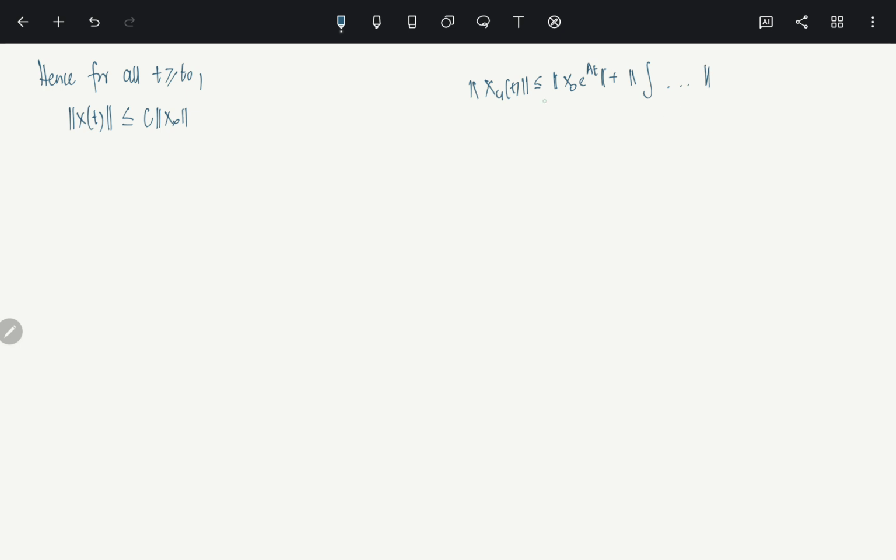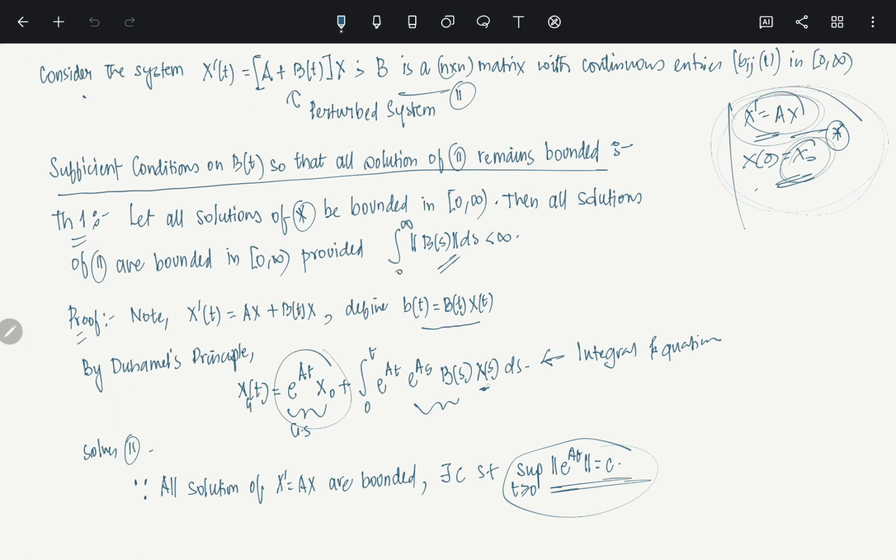There is the triangle inequality. Now this is again dominated by the norm of x naught times the norm of e to the power At. If you remember, we did exactly the same sort of thing when we studied matrix norms. So this is true. Now you see, for e to the power At the supremum is C, so this is dominated by C times the norm of x naught. So that is what I wrote here. Clear? Okay. So now plus this term, and again, see here this x of t is there, right? This x of t is there.